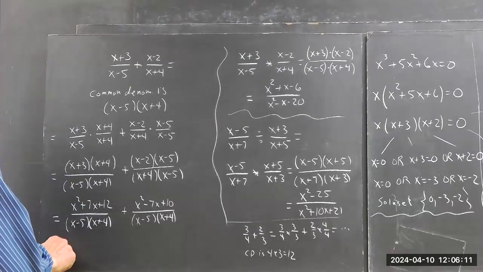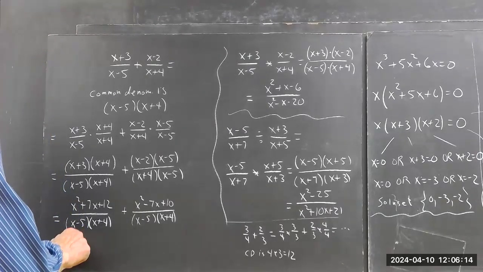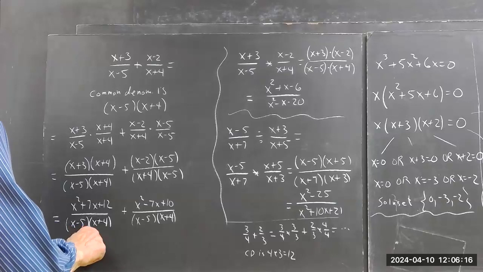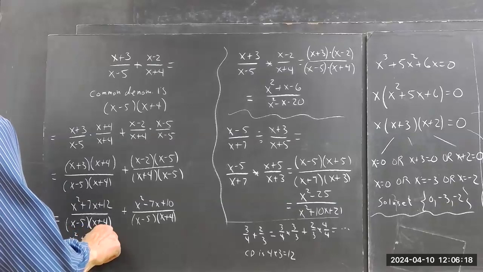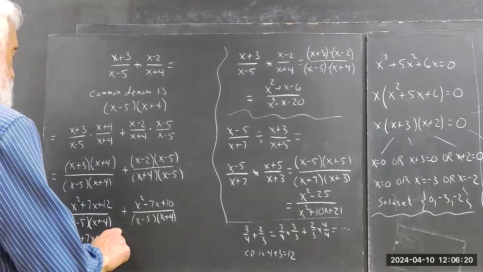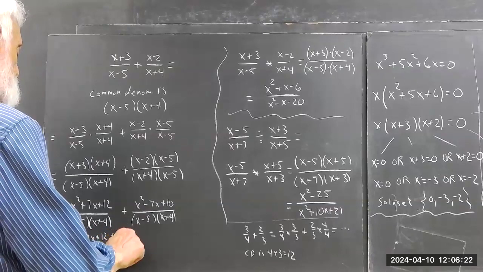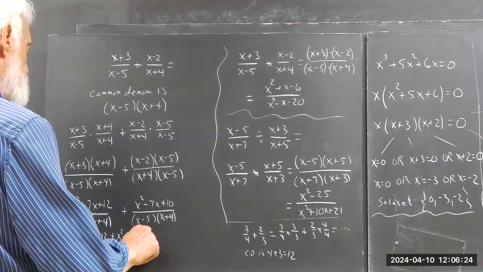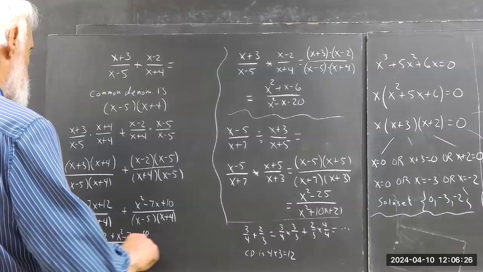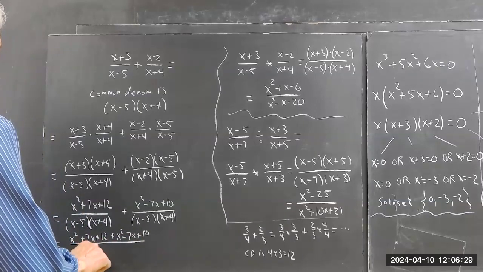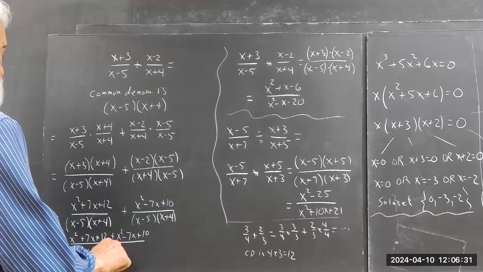Well, that equals x squared plus 7x plus 12 plus x squared minus 7x plus 10, all over x minus 5 times x plus 4.